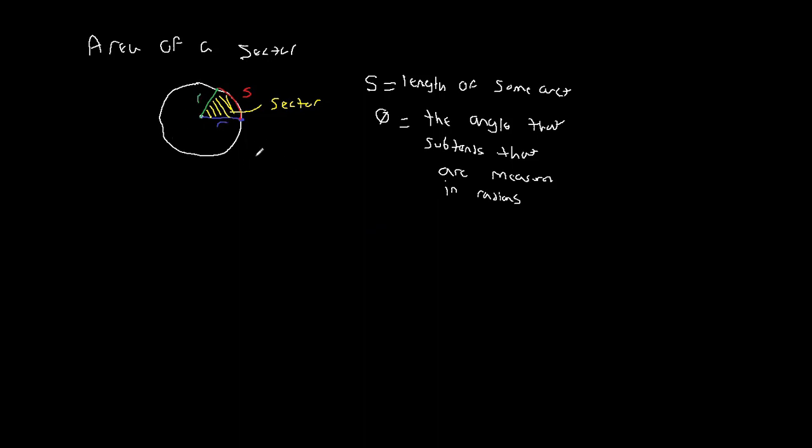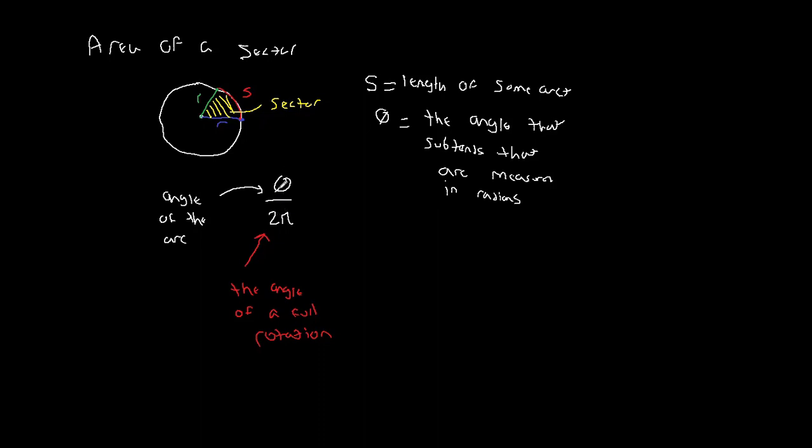So what we know is theta relative to 2 pi: theta is the angle of the arc, and this 2 pi here is the angle of a full rotation. Hopefully this makes sense: the angle of the arc, the angle of a full rotation.